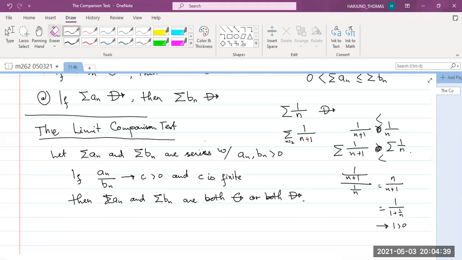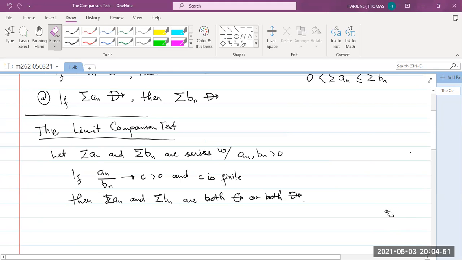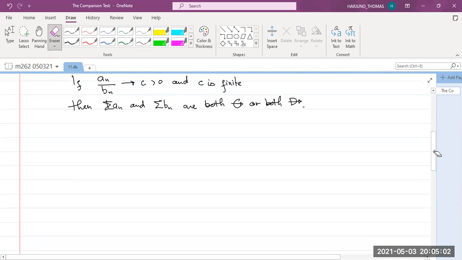Now, this section is based on these two tests. Either you do the comparison or the limit comparison test. Now, let's see. I wonder up to what problem I did last time. I don't think I did a lot of problems last time.